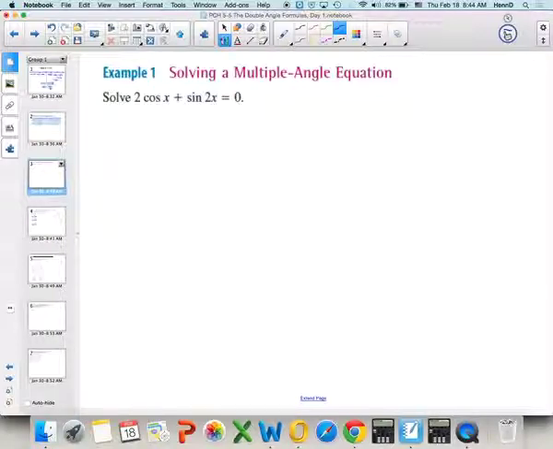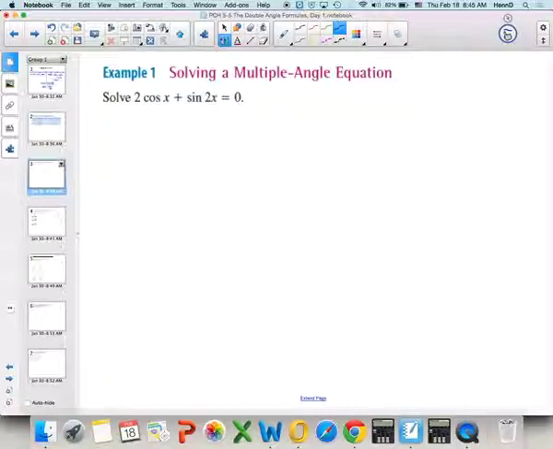One of the keys, if you remember, way back when we started solving trig equations, was to try to get everything in terms of the same trig function, and along with that, get your trig functions in terms of the same angle.